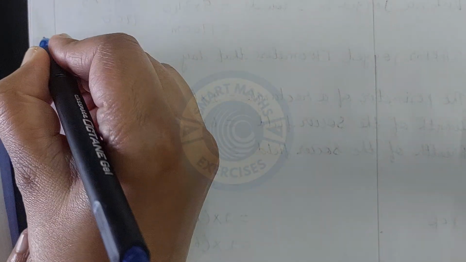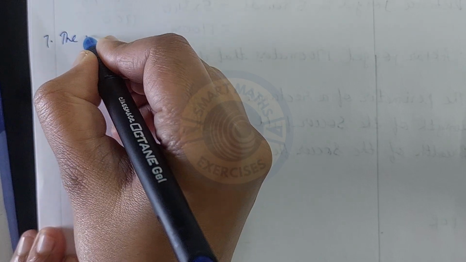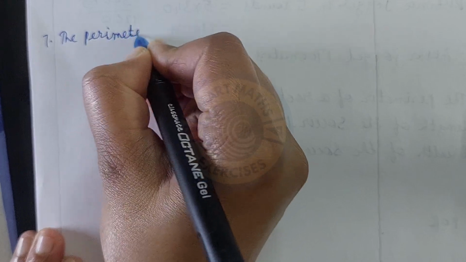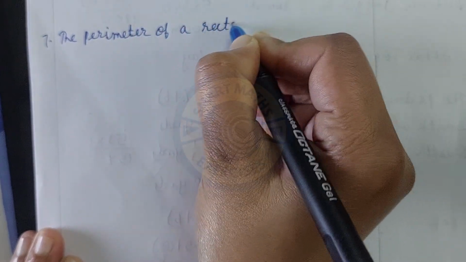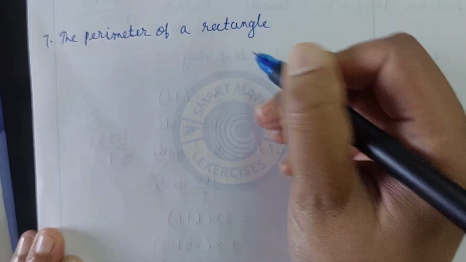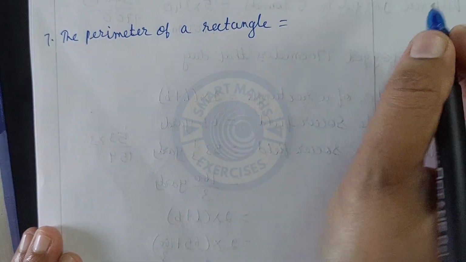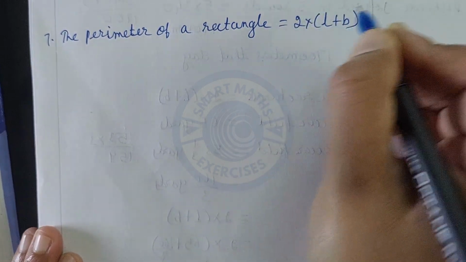First, let us write the formula to find out the perimeter of rectangle. Perimeter of rectangle is equals to 2 into L plus B.